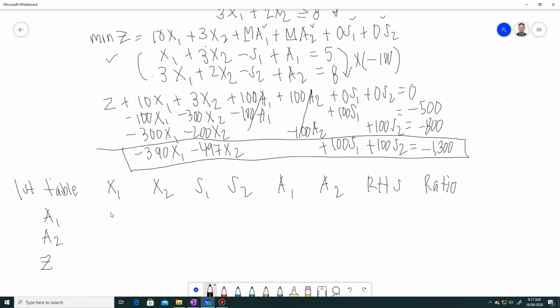For the x1 part, the coefficient is 1. For x2, we have positive 3. S1 is negative 1. We have no S2, so we put 0. For a1, the coefficient is 1. We have no a2. And the right hand side is 5. RHS stands for right hand side.